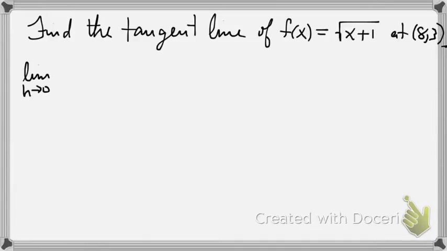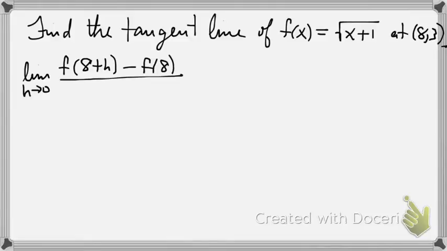Limit as h approaches 0, what? All right, so in this case, x is 8. So that's going to be f of 8 plus h minus f of 8 all over h.